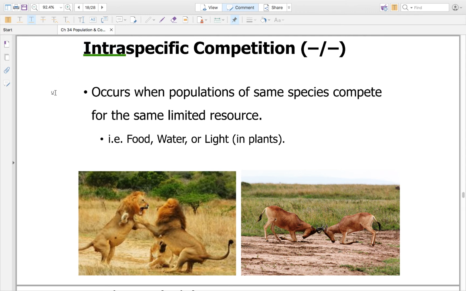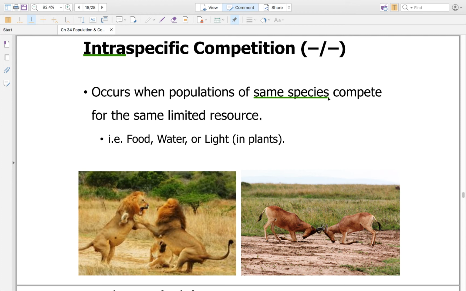Intraspecific competition is when there's competition between populations of the same species. They compete for resources, and this is the most fierce competition on the planet. Because why? Because these animals are equipped with the same exact tools, right?